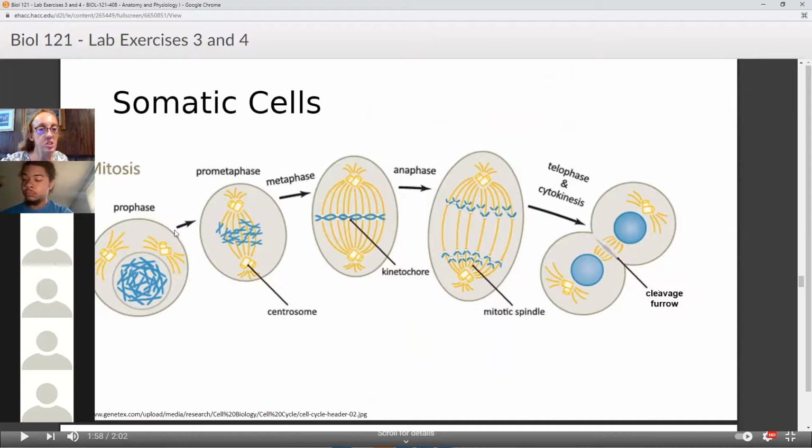So during mitosis, we have 4 basic phases. We have a prophase, a metaphase, an anaphase, and a telophase. Different components are involved here. We have chromatin, chromosomes. We have the mitotic spindle that comes out and connects to the different chromosomes. The mitotic spindle is made by the centrosomes.